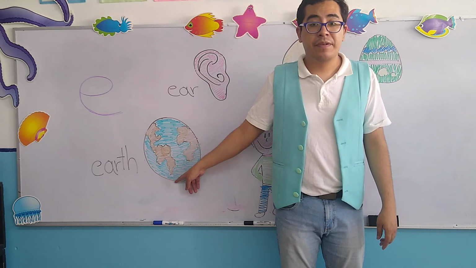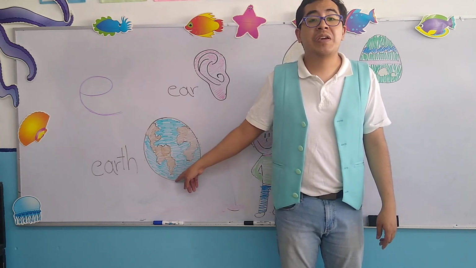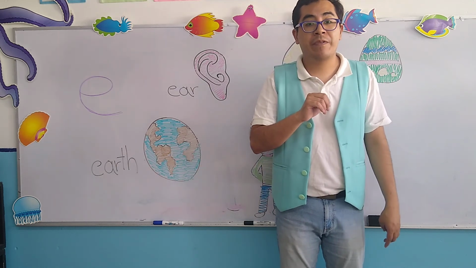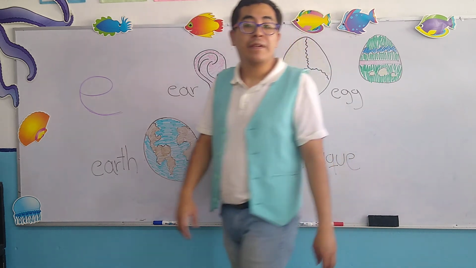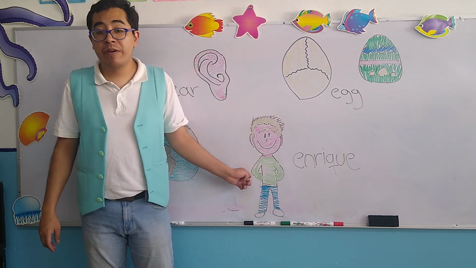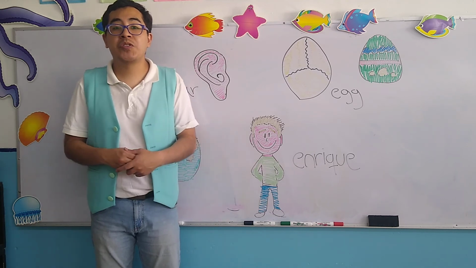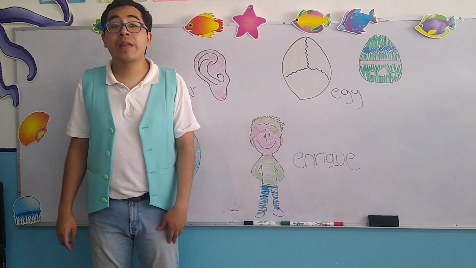Earth. And remember, the earth is the place in which all people live. Okay, the planet Earth, el planeta Tierra. Enrique. And remember, Enrique is the name of a person that begins with the letter E, small e.